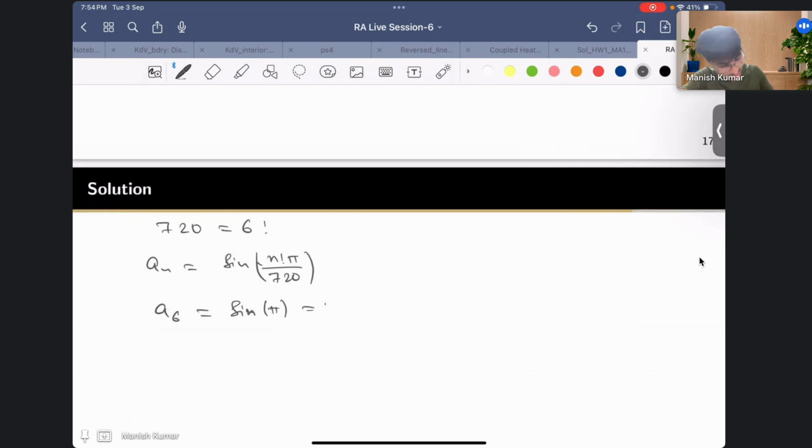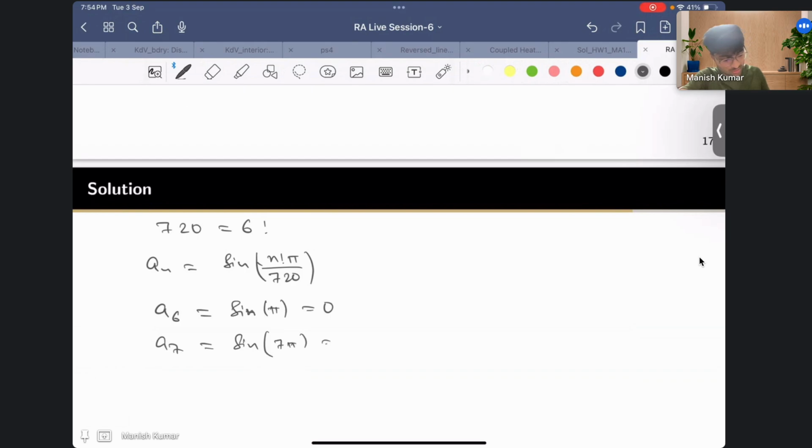What is a7? a7 is sine 7 pi. So again it's 0.